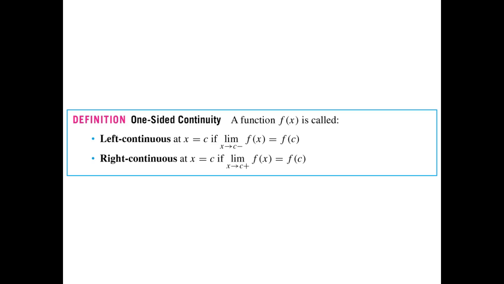Okay? And this is the way we describe it. The limit as x approaches c from the negative side and from the positive side. And if these are equal to f of c at that endpoint, and the limit is there, then indeed those are left and right continuous. However, if those two are not the same, it's a jump discontinuity.